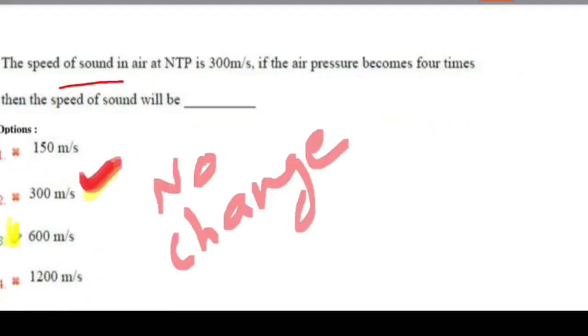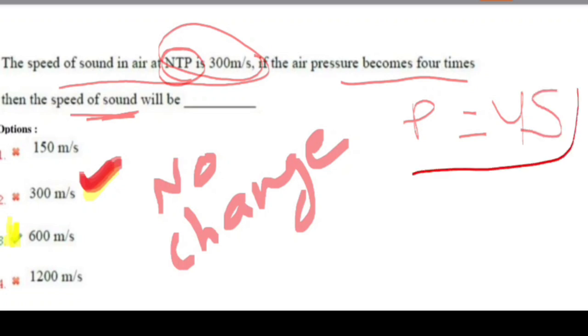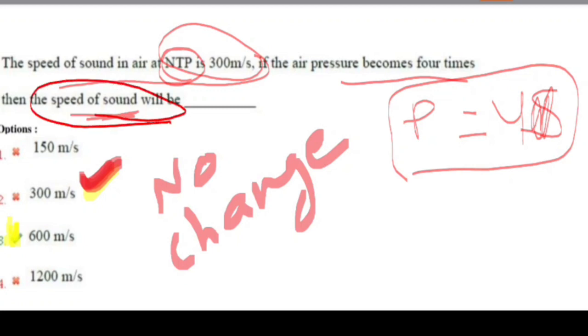Here the speed of sound in air at NTP is 300 meter per second.